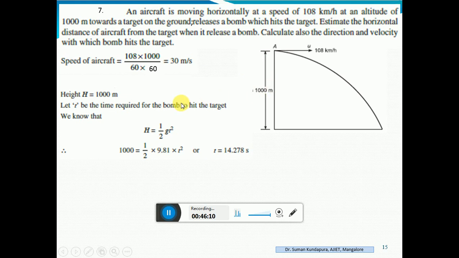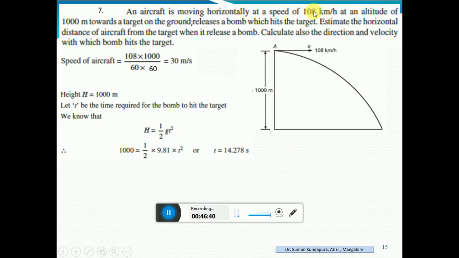We know the equation h is equal to half gt square, that is the total downward distance from that point, which we derived just now in the previous slide. Here h is known, g is known, t is the unknown. Find the time from this equation. So it takes 14.278 seconds to hit the target. Okay, t is found out.